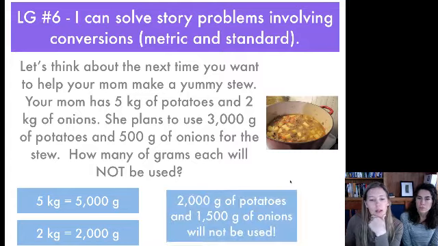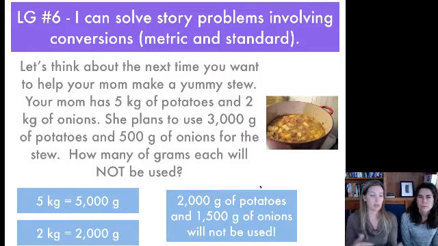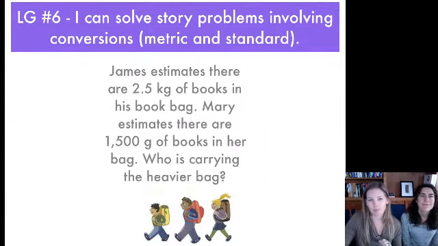So when we work that out, 5,000 minus 3,000 is 2,000 grams of potatoes, and 2,000 minus the 500 is 1,500 grams of onions will not be used. So again, there's a lot of pieces and parts to that problem, but you've learned how to do all the things that you need to get the answer. So you just need to now apply it.